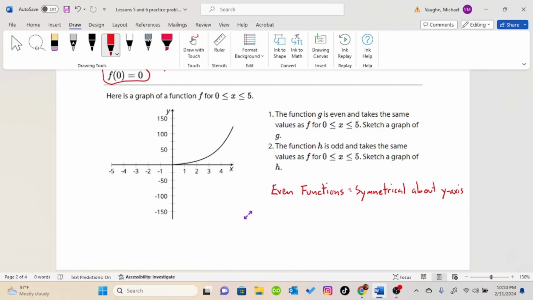So if I fold this over the y-axis, then it's going to start right about here, and it's going to curve down until it meets up.